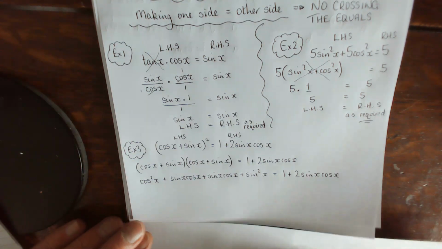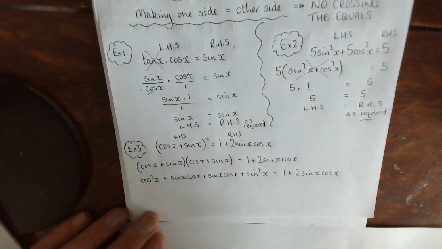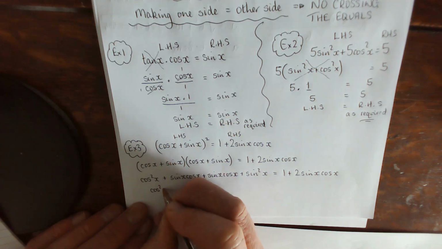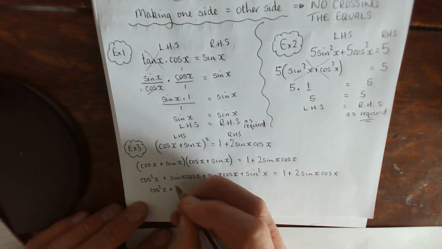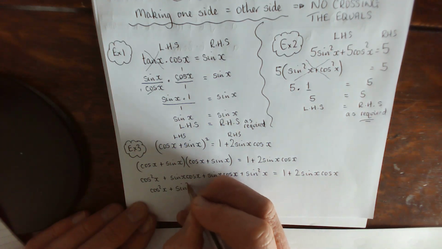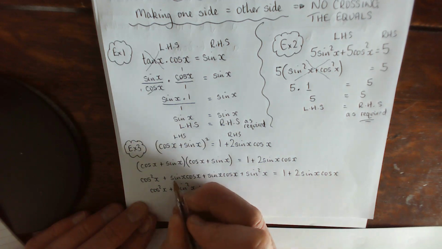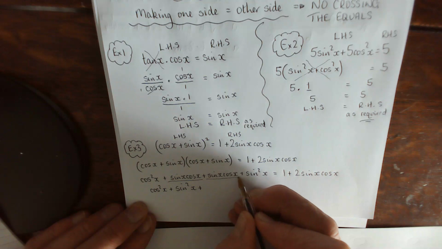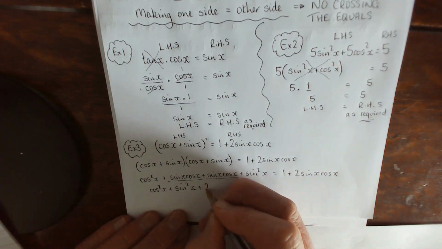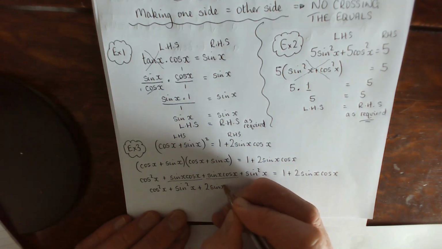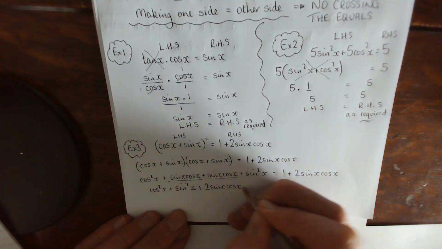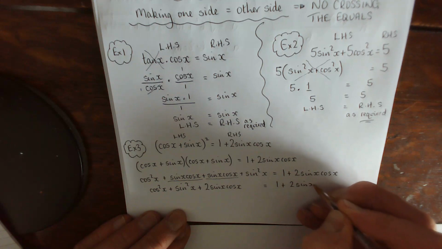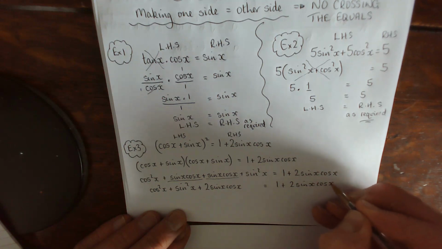Now, only because I'm old and wrinkly and experienced, I'm going to move the left-hand side around. And I've got a sin squared x. And I've noticed that that and that are the same. So I've got 2 of them. And I'm trying to get that to equal the right-hand side.